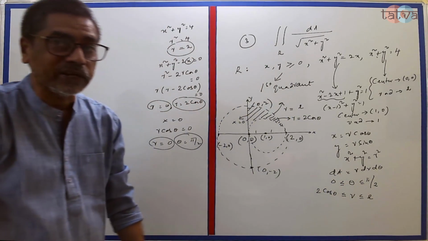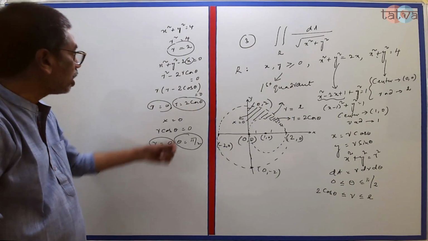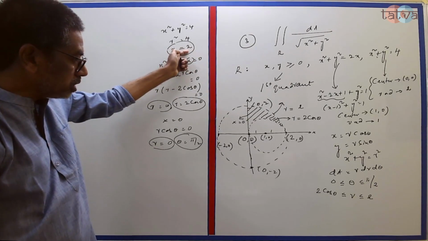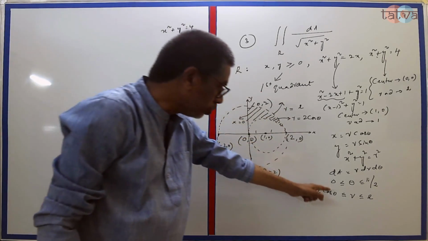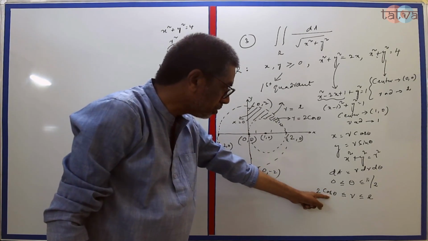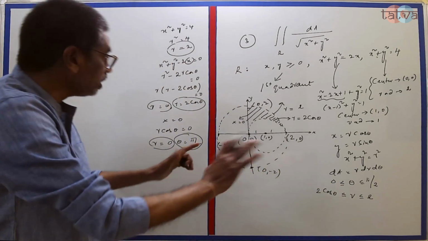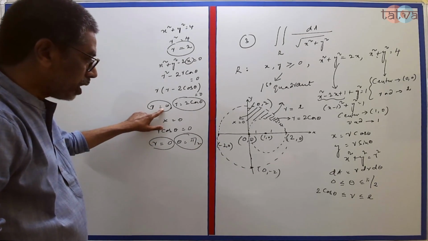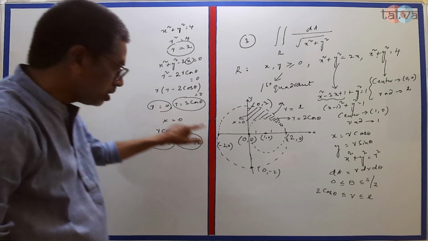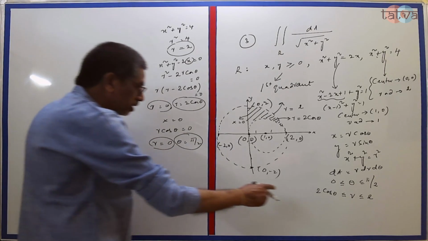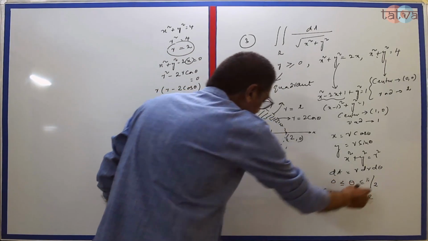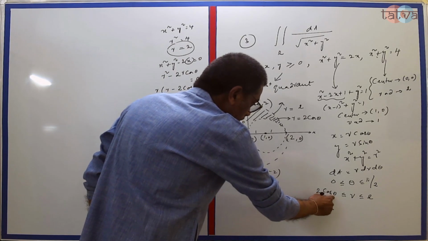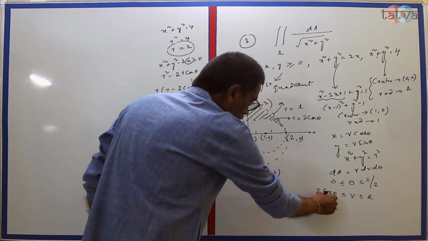But how do you decide? Why did we draw r is equal to 2? Because r is equal to 2 is a boundary of the region. But why did we drop r is equal to 0? I dropped r is equal to 0 because we have the theta range up to pi by 2, and when I use pi by 2 here, I get 2 times cos pi by 2.